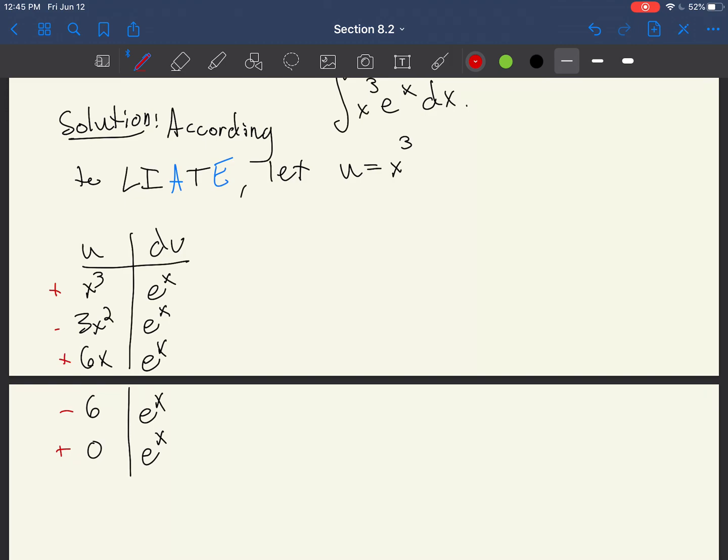Add your signs, plus, minus, plus, minus, plus. And then multiply diagonally.